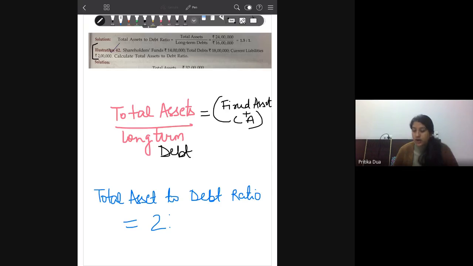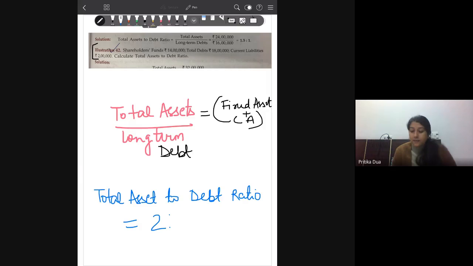Wait, sorry, I have read out the values incorrectly. You calculate the total assets using the liability side approach. तो आपके total assets जो बनेंगे वो 32 लाख बनेंगे, while your long term debt will be 16 lakh.